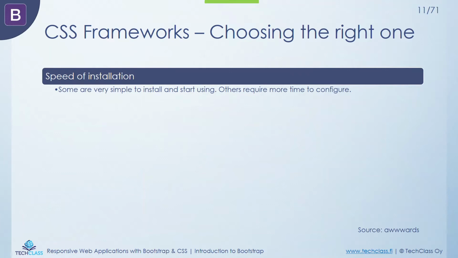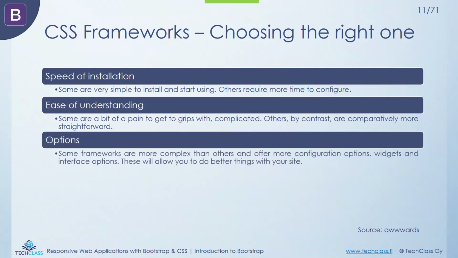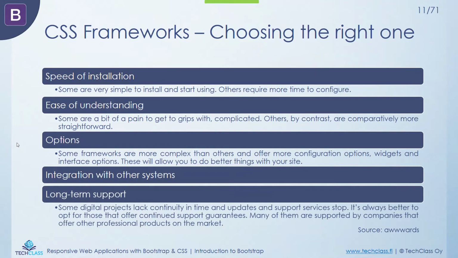As we discussed earlier, what are the advantages, and why do we use Bootstrap? It significantly increases the speed of installation and the ease of understanding how things are defined. We don't need to worry about them or create our own classes. We also have different options, integration with other systems, and long-term support, because these frameworks are very popular.